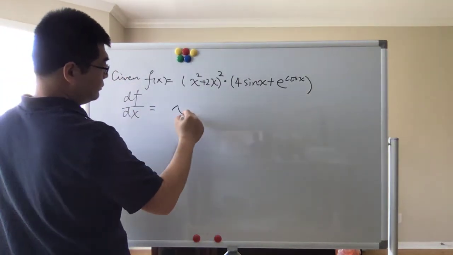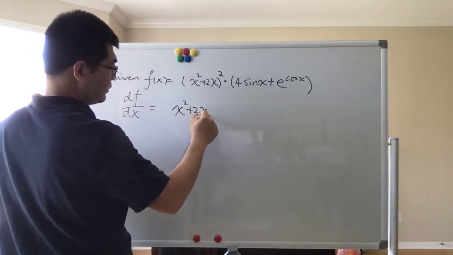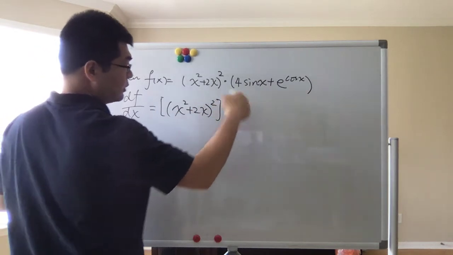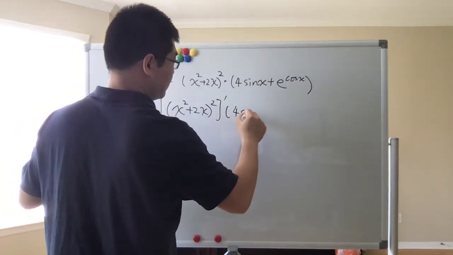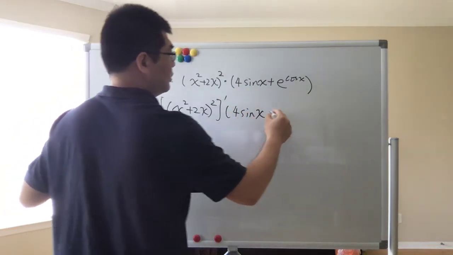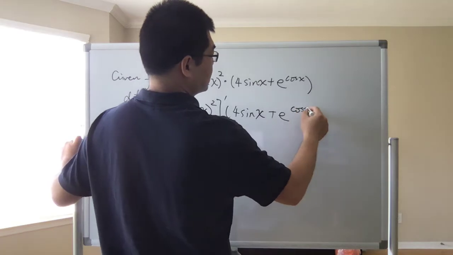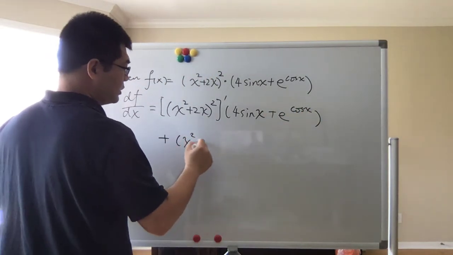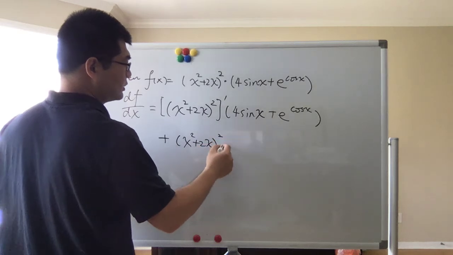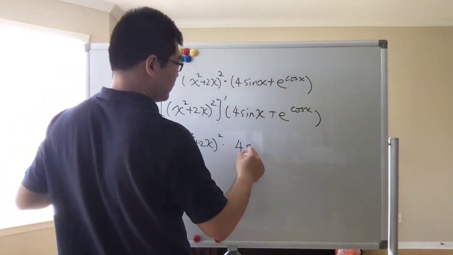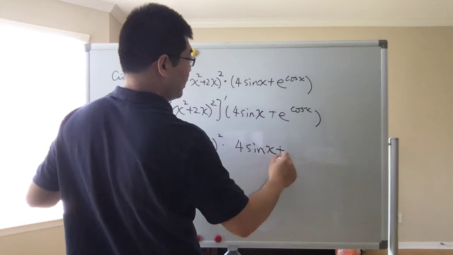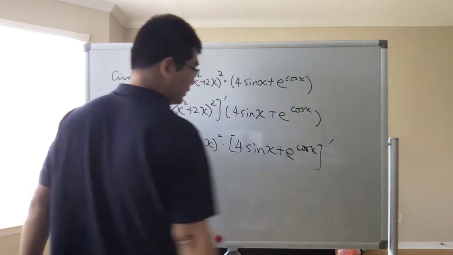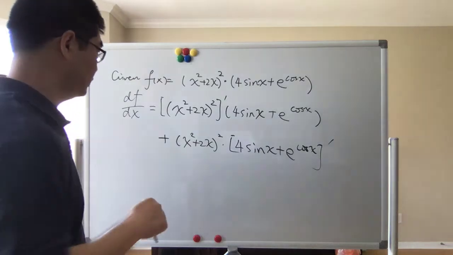So the derivative, in this way, times this, right? This is the product rule, plus e to the power of cosine x, plus x squared plus 2x, squared, times the derivative of the second function. Okay, so that's the product rule.